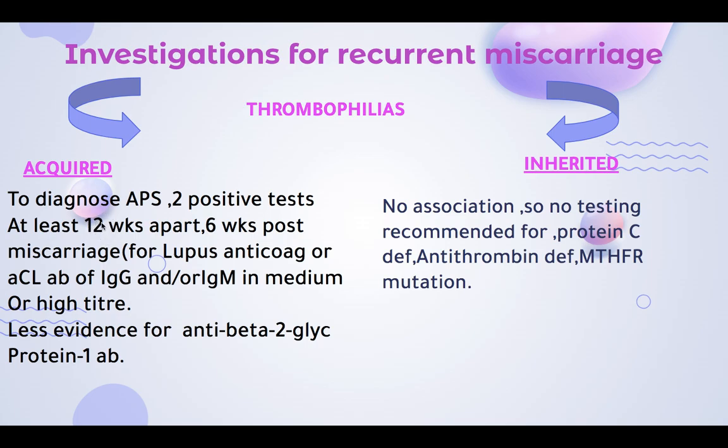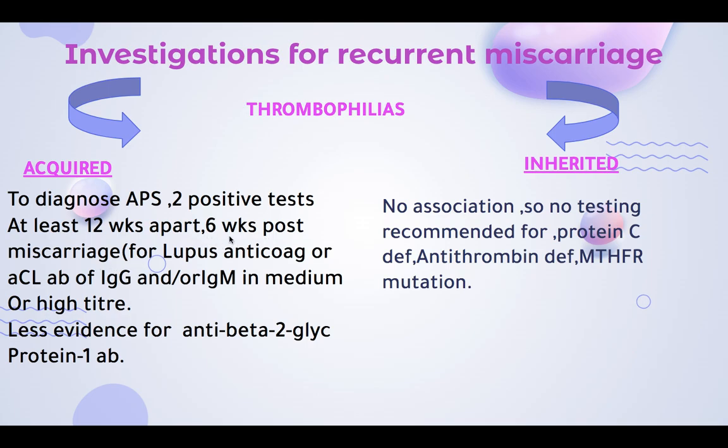Okay, what is the half of 12? It is 6. So when will these 2 tests be performed? When the patient is pregnant, when the patient is having a miscarriage, when the patient is at 6 weeks, 12 weeks, 13 weeks, 24 weeks? No, these tests will not be done in pregnancy. These tests will be done 6 weeks post miscarriage.